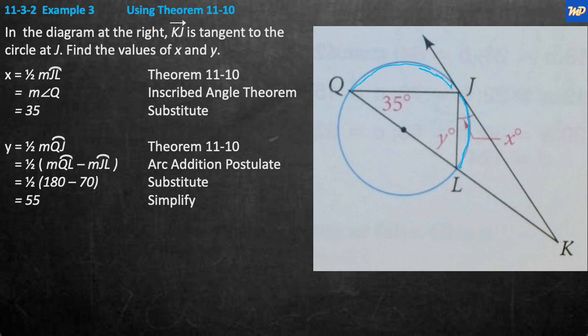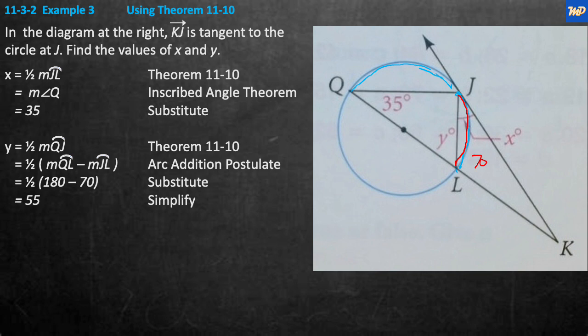from here all the way around down to the bottom here, QL, that's what they're talking about here, the measure of QL minus JL. I'm going to change colors, minus JL. So QL goes all the way around the circle from Q to L. JL goes from J to L, which we know is 70 degrees, this piece.